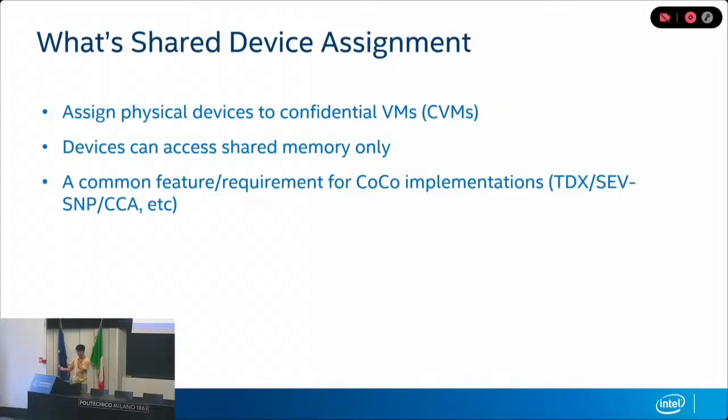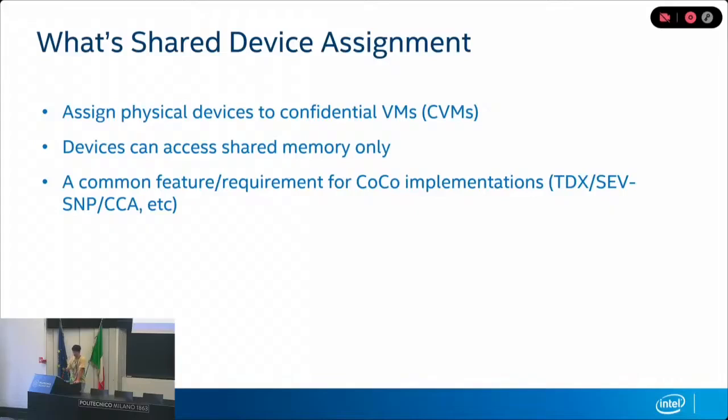But the device can access shared memory only. So that's why we have "shared" in the name. It's to differentiate it from the upcoming trusted device or secure device assignment. In that case, the device can access private memory.